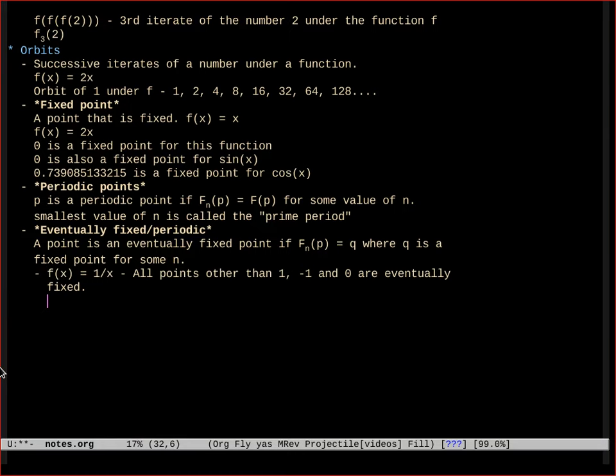And another example, let's take sine of x: pi, 2 pi, 3 pi are all eventually fixed. Now, eventually periodic, if you say f of x equals x raised to 4 minus 1, then 1 is an eventually periodic point.